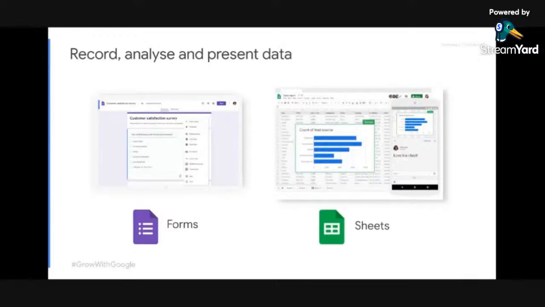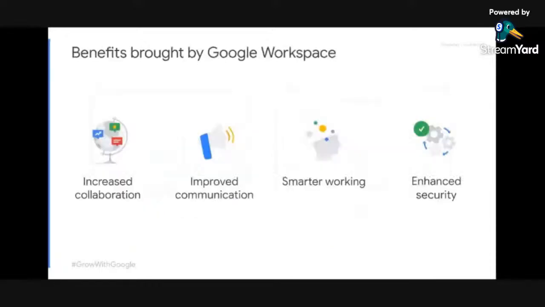All changes are automatically saved as you make them. And with offline access, you can create, view, and edit files wherever and whenever. So what benefits are brought by Google Workspace? Let's have a look.